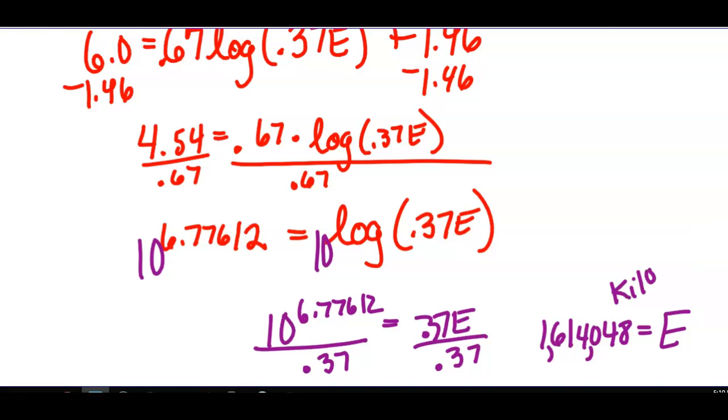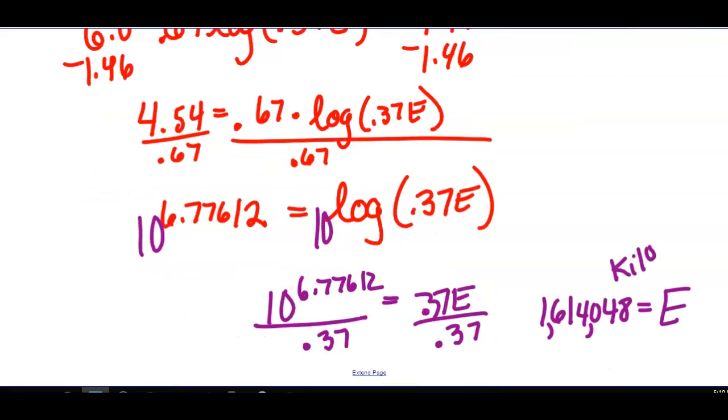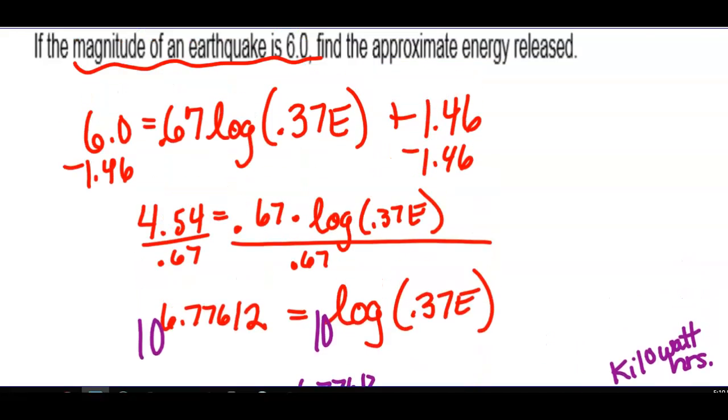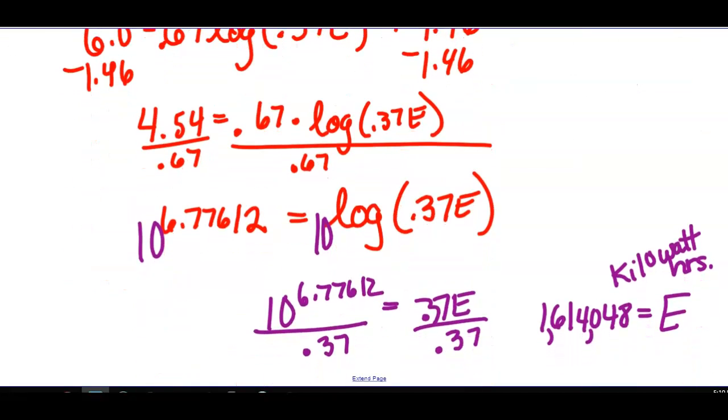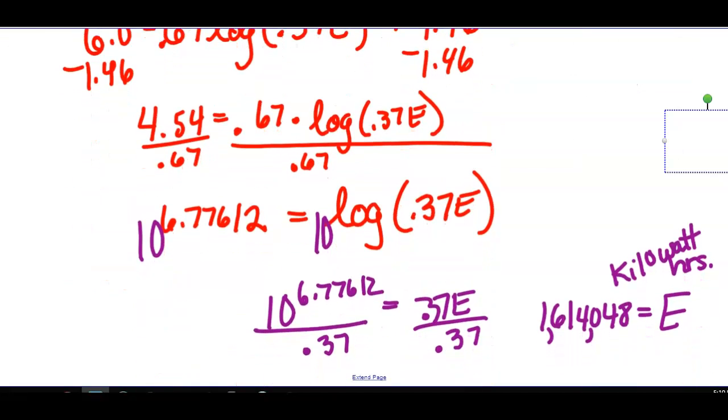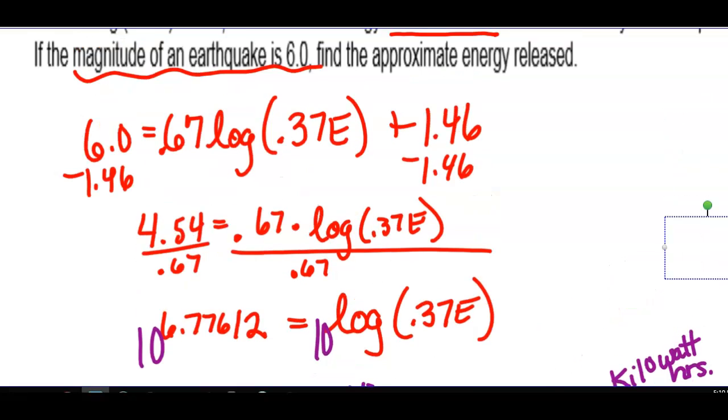Let me go back up here. This, which I'm sure has an abbreviation. All right, so a lot of energy released by this magnitude 6 earthquake. All right, those are just a couple quick applications and why we need to be able to solve log equations.